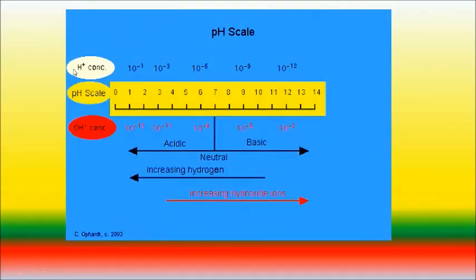The first line is for the hydrogen ion concentration, the second one is the pH scale, and then the OH minus concentration is there. You can see the pH scale starting from 0 to 14, and 7 comes as neutral. If it is between 0 to 6.9, then it is acidic. If it is 7.1 to 14, it is basic.